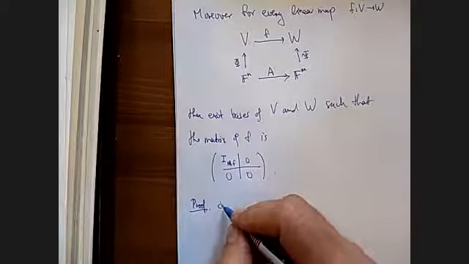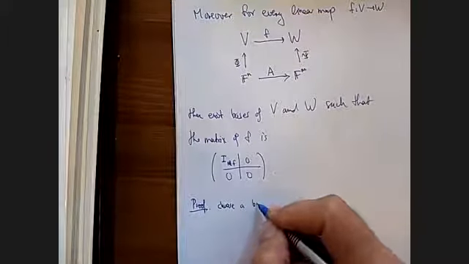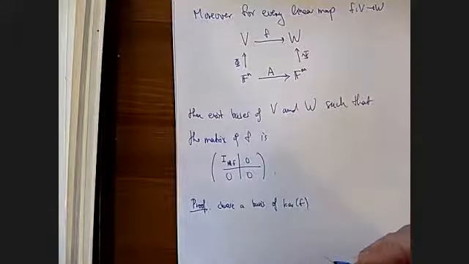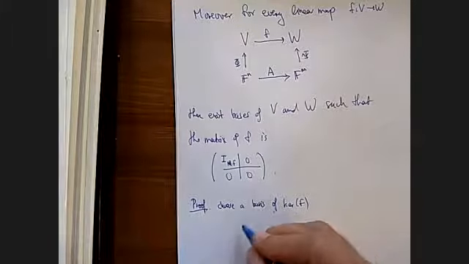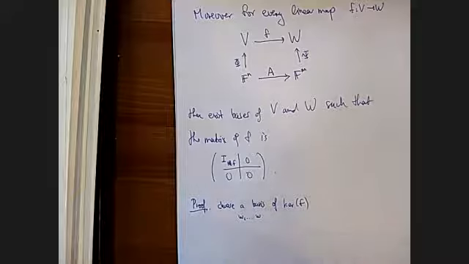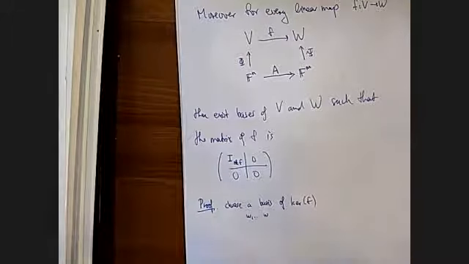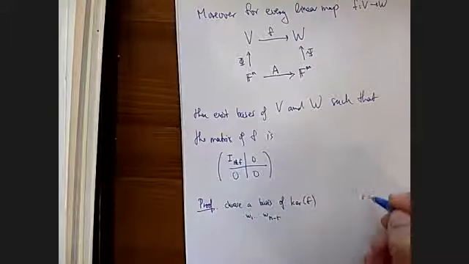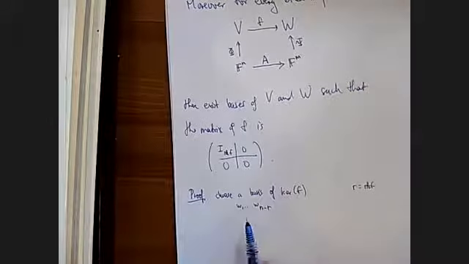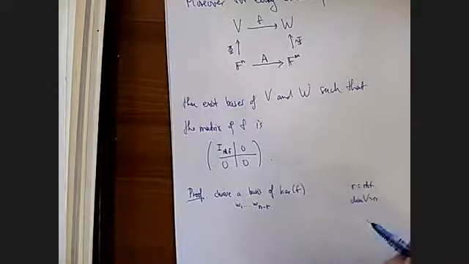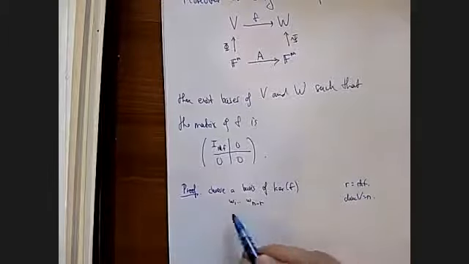Choose first a basis of the kernel of F. So let's say that's W1 through W(n minus r), where r is the rank of F. If the dimension of the domain is n, then the kernel has dimension n minus r.